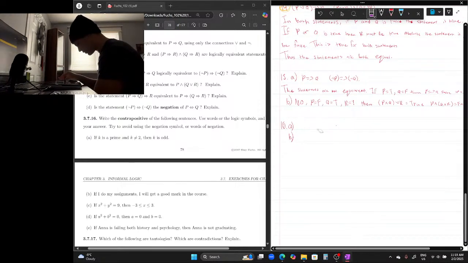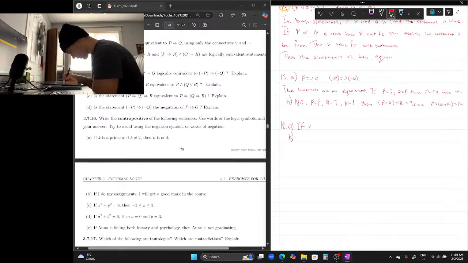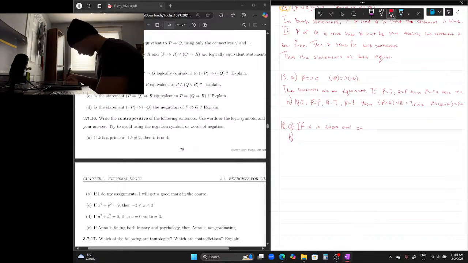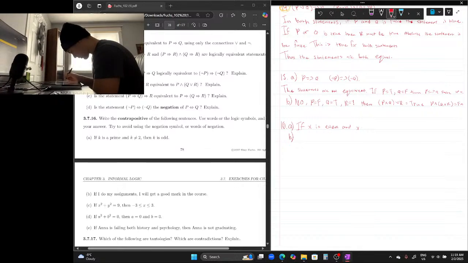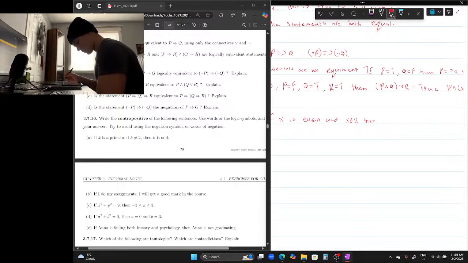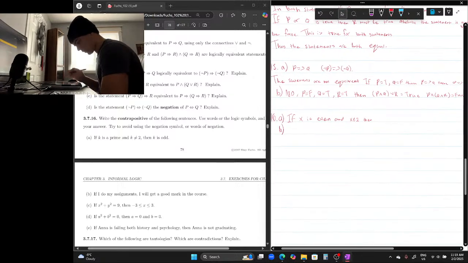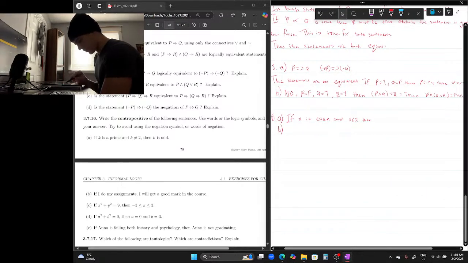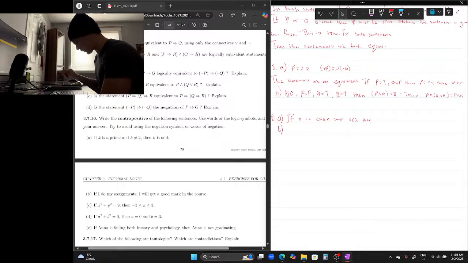So this should be, if x is even and x is less than or equal to 2, then... contrapositive, this would be flip it. So x is even. Oh, I see, I messed it up.